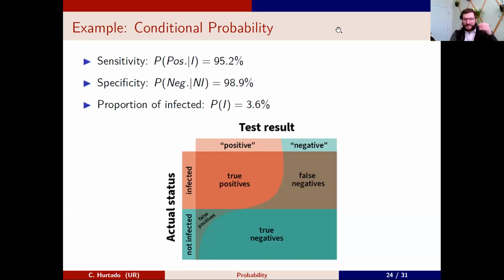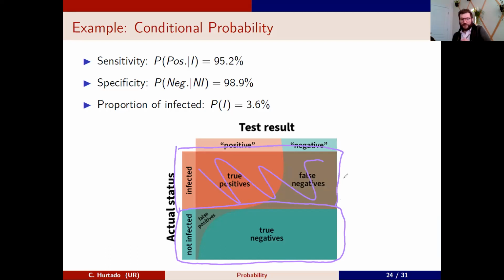So what that is telling us is something that relates to the chances of different events. So right here, we're going to say the probability of infection is 3.6. So we're assigning some sort of measurement of the chances that, in fact, we have infected people, and that relates to this situation right here, right?